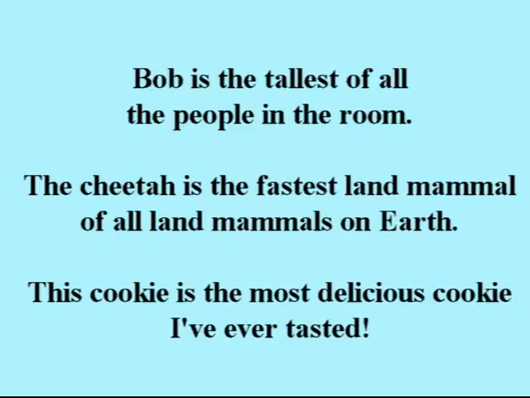When using superlative adjectives in sentences, we normally include the. Bob is the tallest of all the people in the room. The cheetah is the fastest land mammal of all land mammals on Earth. This cookie is the most delicious cookie I've ever tasted.